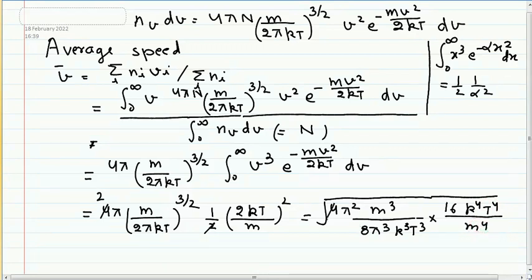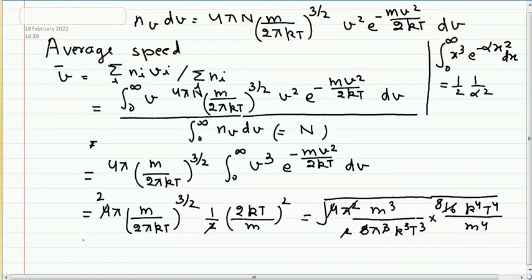So this 4 twos are 8 and this 2 eights are 16, and then pi square and pi cube, and we are left with only pi in the denominator. Then m cube upon k cube t cube, and here it is k to the power 4 t to the power 4 and m to the power 4.